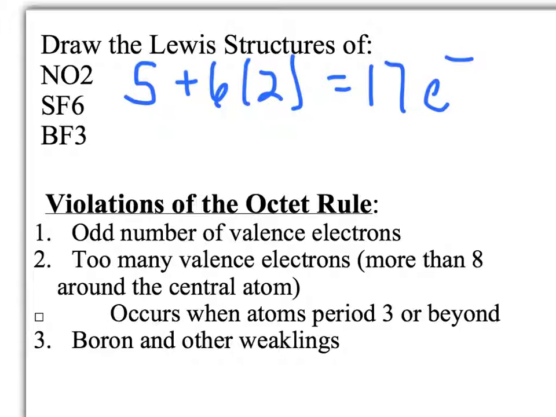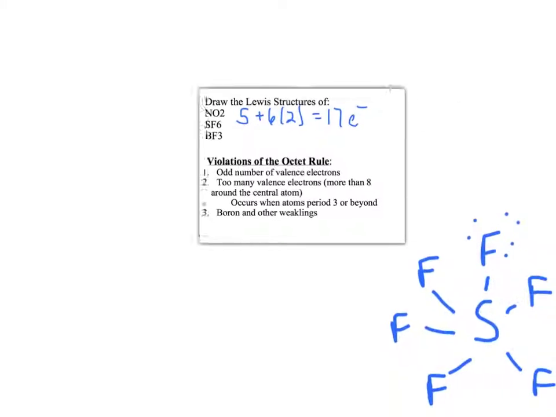And then a third exception occurs here with boron in particular. It occurs with boron and other weak, fairly electropositive elements. So boron grouping up with fluorine, we might think that a double bond would form between that boron and the fluorine, but it ends up that that's just not going to happen. Well, let's show as an example here.